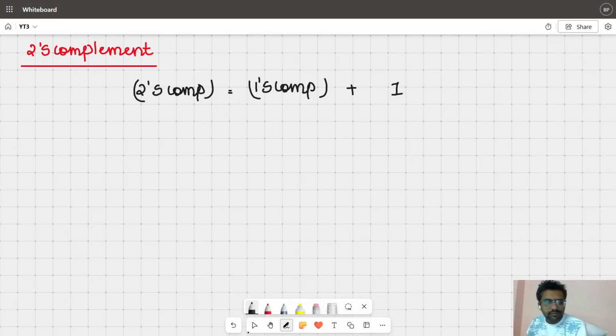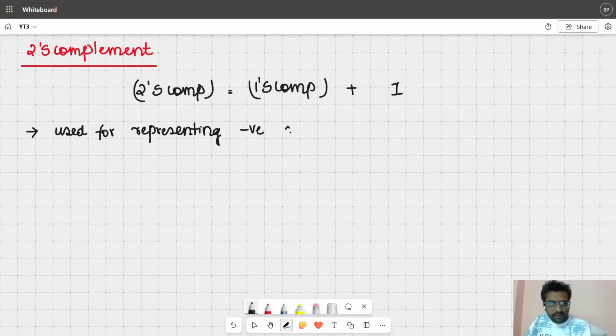The major important point to remember, which was the same in the earlier ones complement case, is that it is used for representing negative numbers only. The two's complement equivalent for the corresponding positive numbers stays one and the same. So this is the point which we need to remember.